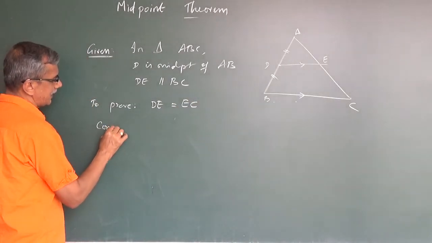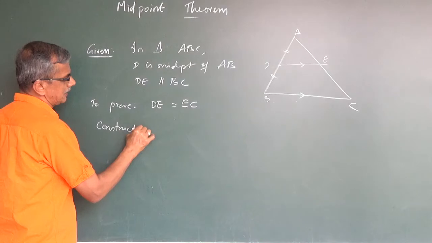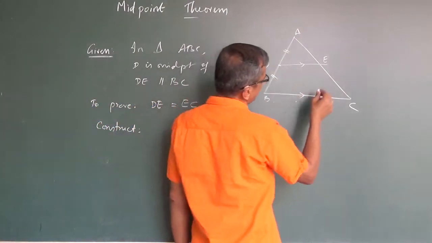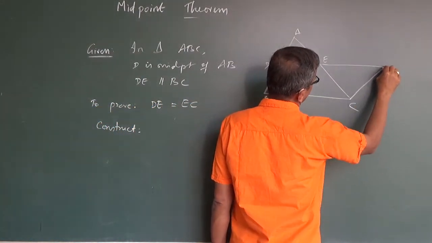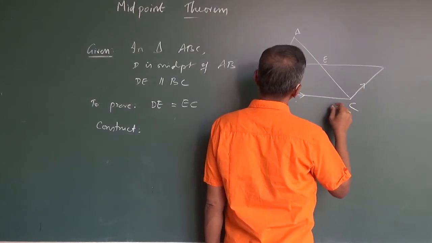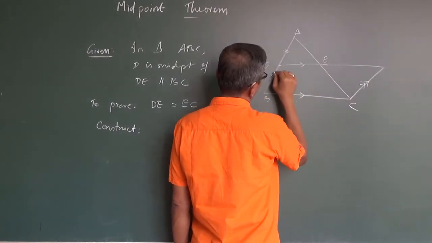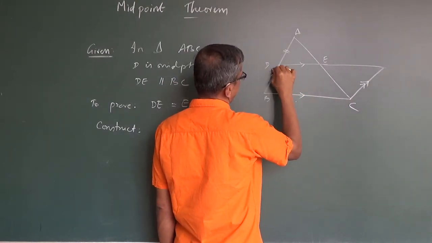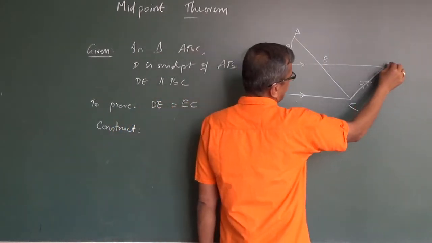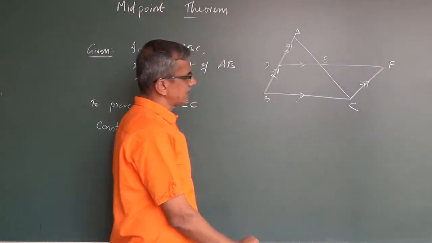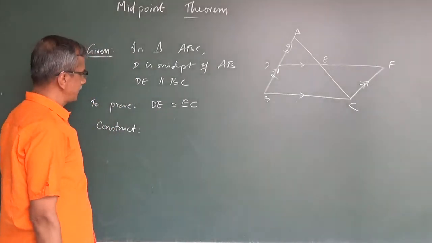So what I do again, I do a similar construction. I will extend this, and I will draw a parallel line, parallel to AB, and it will intersect at F. Like this I do the construction.